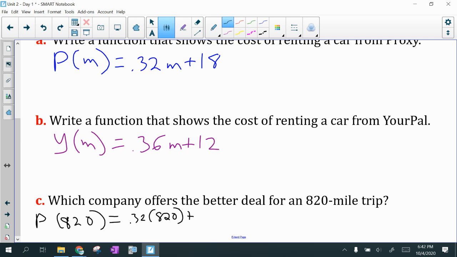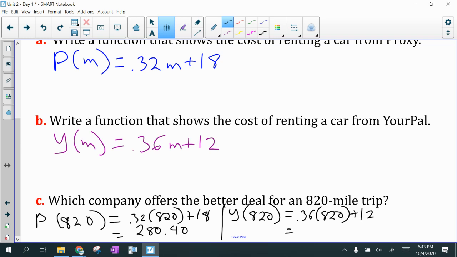And I add those two things together with my calculator, and I get a cost of $280.40. And then I'm going to be looking at the same trip using Your Pal rental company. So 0.36 times 820 and $12, and that's going to be $307.20. So guess what? I am going to go with the Proxy rental company.